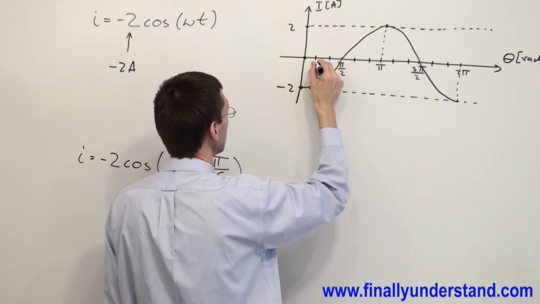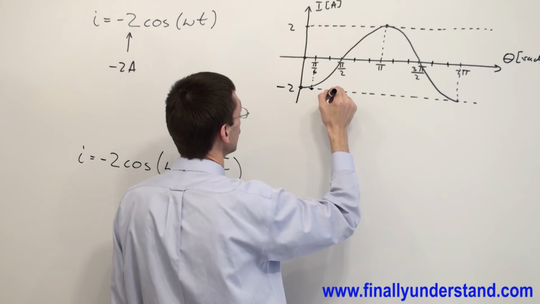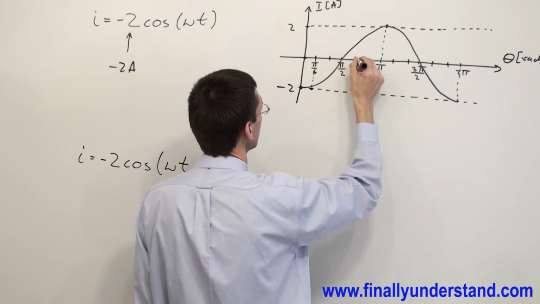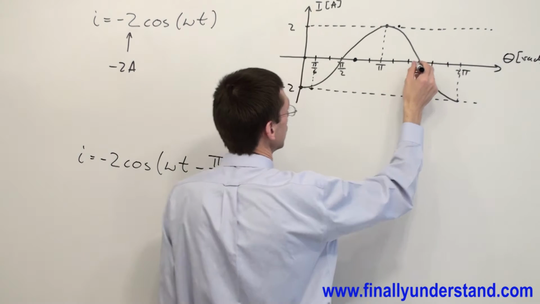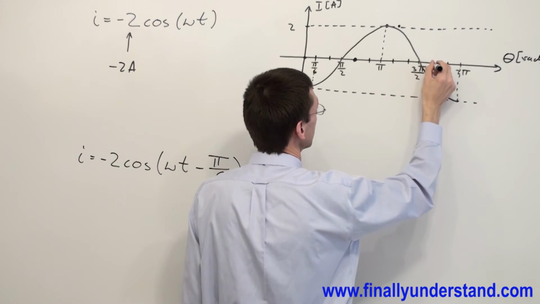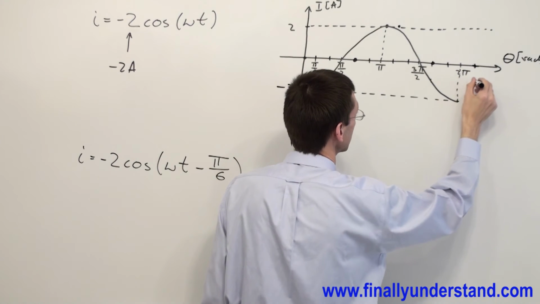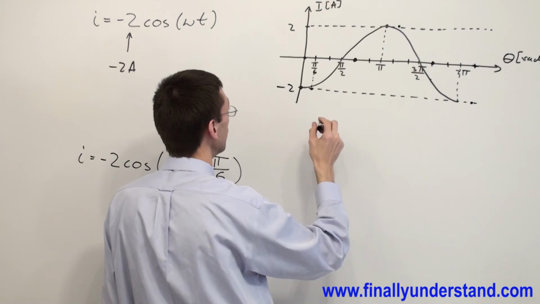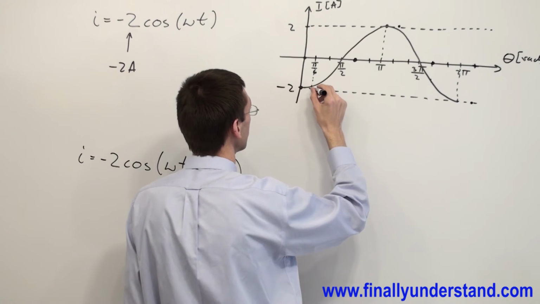So I'm going to have minus peak value at this point, and zero crossing point at this point, and positive peak at this point, negative zero crossing over here, and 2 pi is going to be moved over here. This is going to be my peak value. So my wave right now is going to look like this.